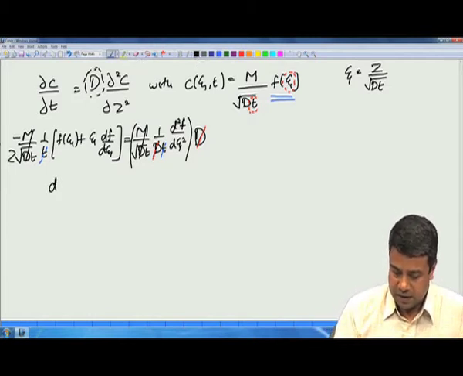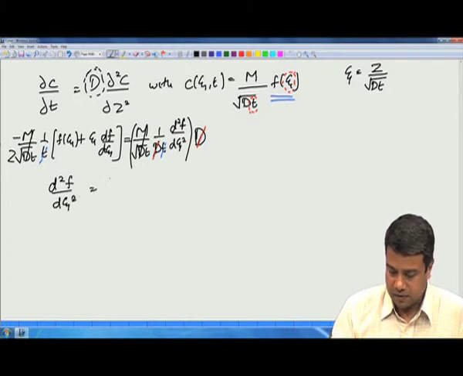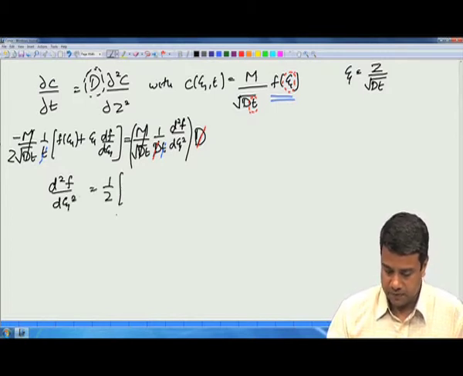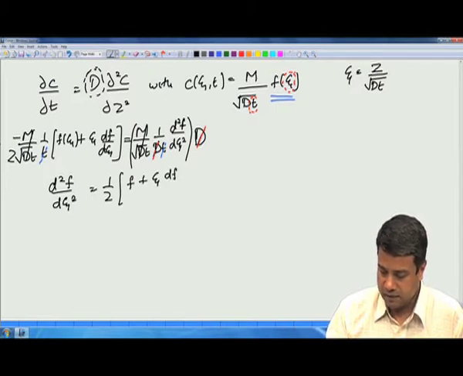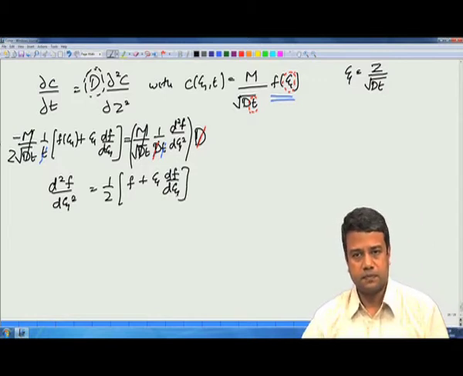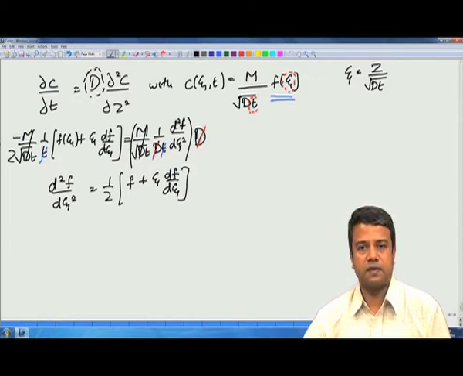So, I can write this as d square f by d psi square is equal to 1 by 2 into f plus psi df by d psi. So, that is the equation for the function f.